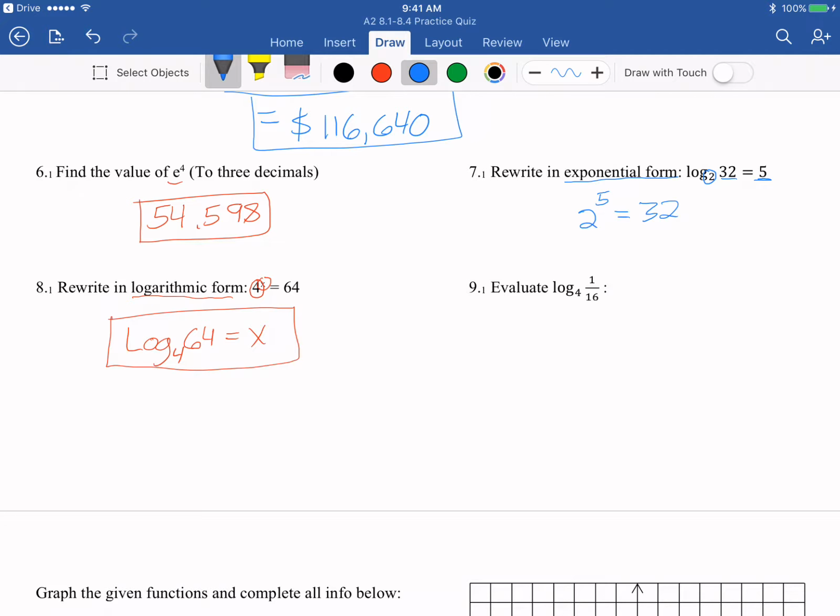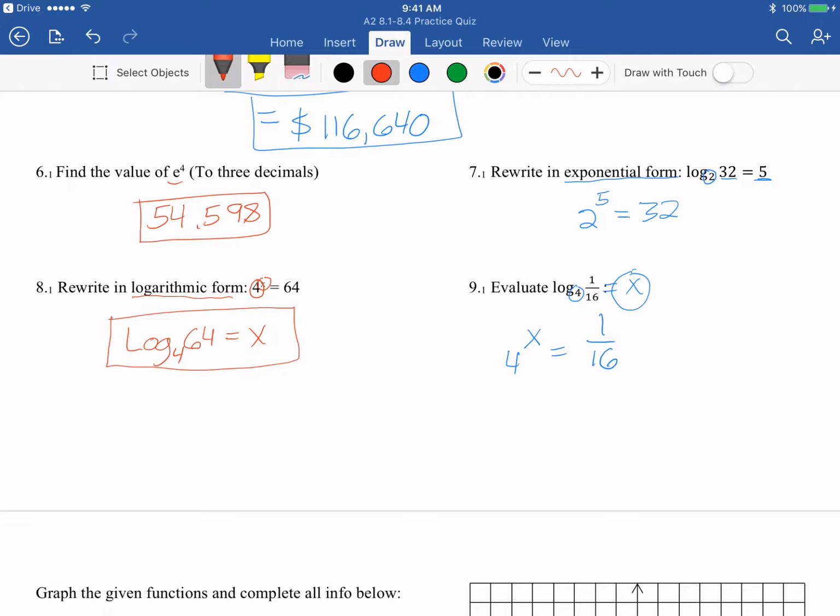All right, number 9. We have to evaluate this log here. So I'm going to set this equal to x. Putting this in exponential form, that base goes first, then I raise it to whatever is on the other side of the equal sign, that's my x, and that equals 1 over 16.